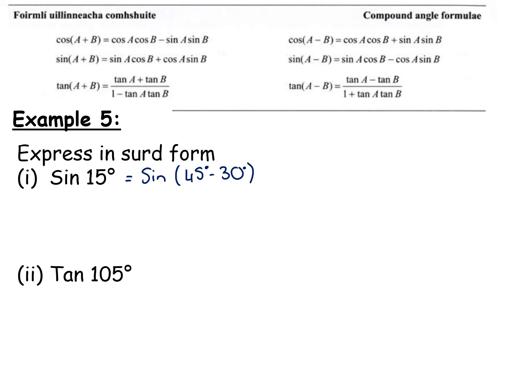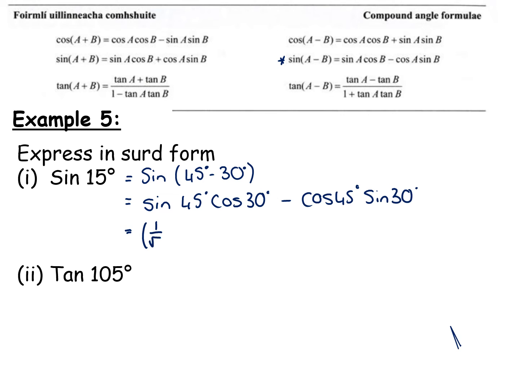So I'm using that compound formula here. That gives sine of A, sine of 45 degrees, cos of B, cos of 30 degrees, minus cos of A, cos of 45 degrees, sine of B, sine of 30 degrees. And now I can go into my log tables and get all these in surd form, never touch my calculator.